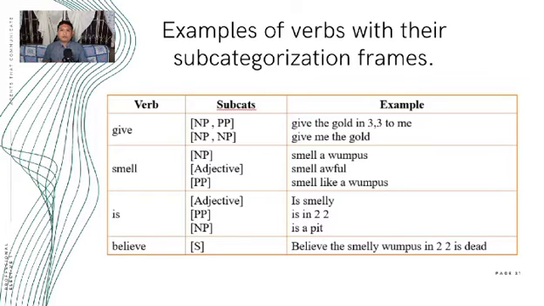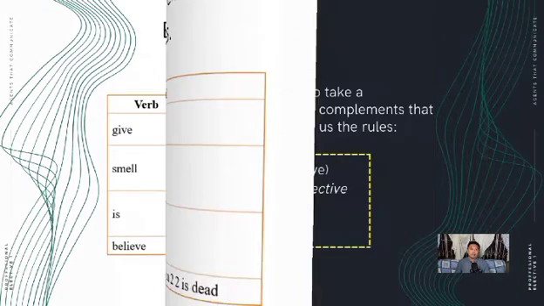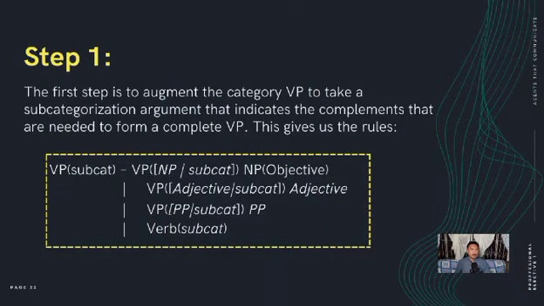To integrate verb subcategorization into the grammar, we do three things. The first step is to augment the category VP, or the verb phrase, to take a subcategorization argument that indicates the complements that are needed to form a complete verb phrase. This gives us the rules as you can see on the slide.